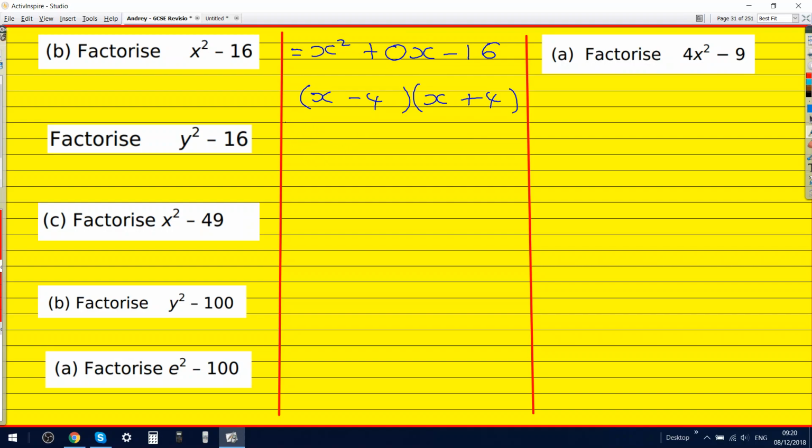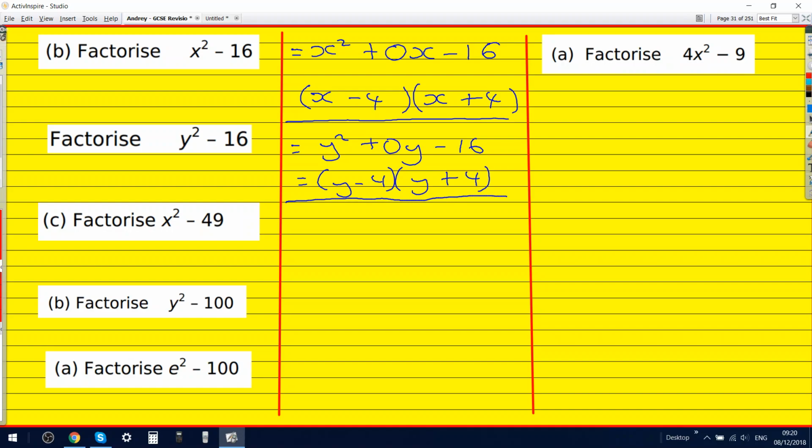So how about the one underneath it? So would that be y squared plus 0y minus 16? Yeah. And then it's just y minus 4 and y plus 4.